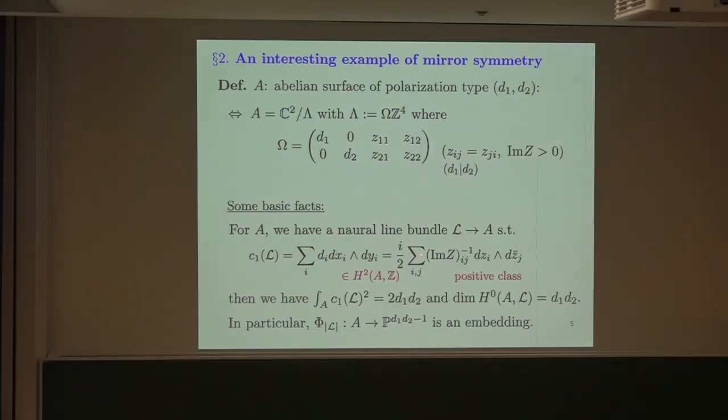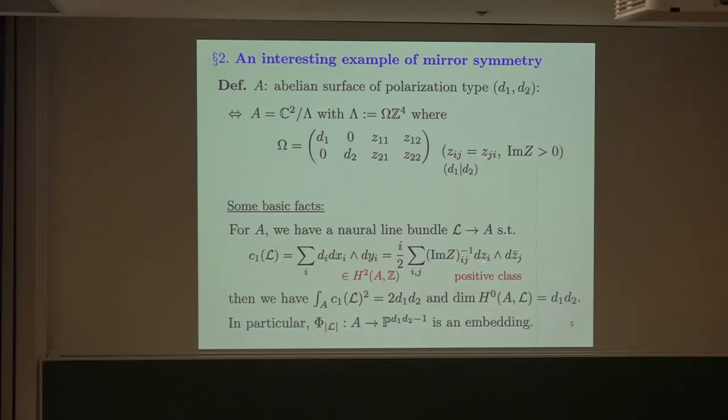And then if we calculate the first Chern class based on the definition of this line bundle, it is in terms of dx and dy, where x and y are real coordinates. You can read that here. D1 and D2 is this polarization type. So this says the first Chern class is an integral class.